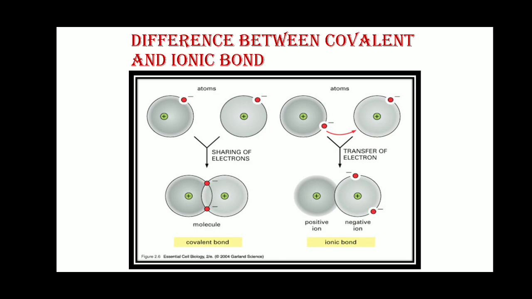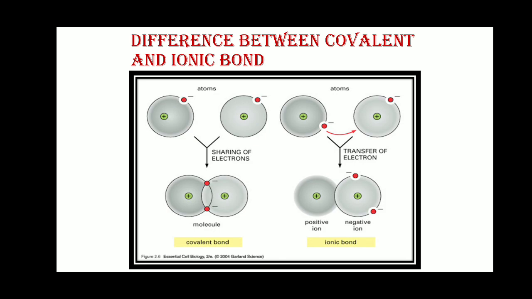But in case of covalent bond formation, sharing of electrons takes place. Both the atoms, either of the same element or different elements, will share their electrons. They share an electron pair, each contributing one electron to the electron pair, and they form a covalent bond.